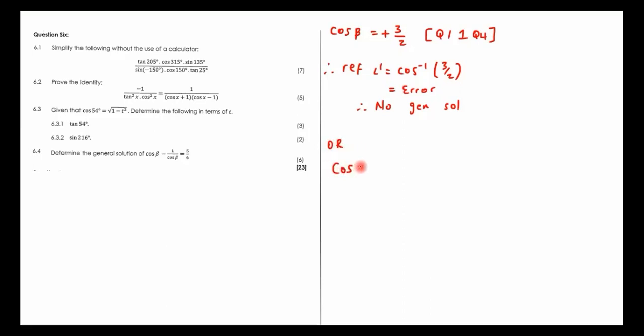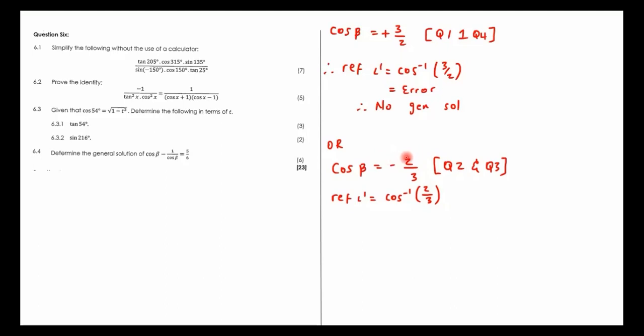So the second one, here we have cos beta now being equal to minus 2 over 3. Nature is negative. So it means quadrants where cos is negative, it is quadrant 2 and quadrant 3. Reference angle will then be cos inverse. Now notice that you're not going to put in the negative sign there. Why are we not putting the negative sign?